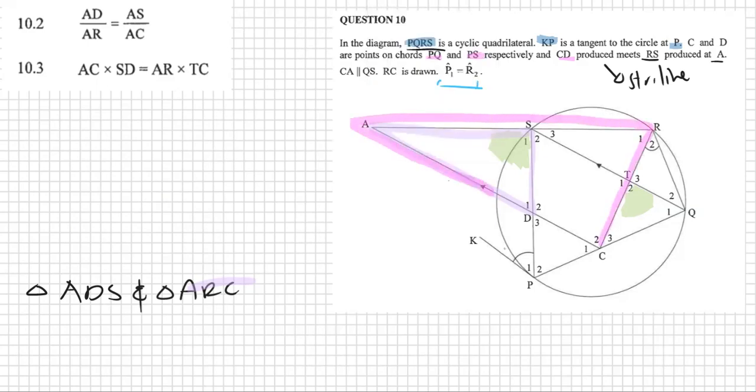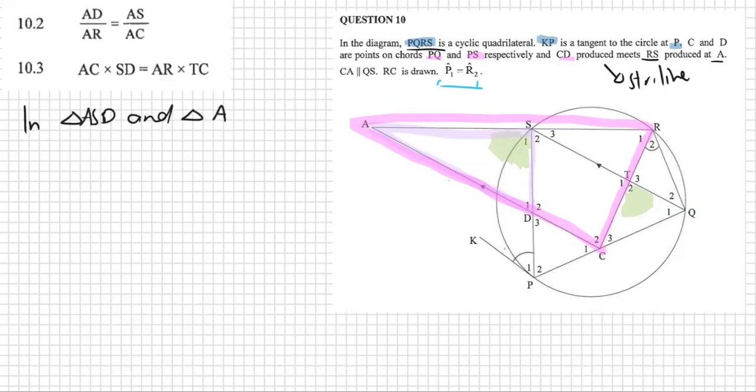So let's start setting up our similarity proof. We start in triangle ASD and triangle ACR. They both have the angle A, so we can just say angle A is common.